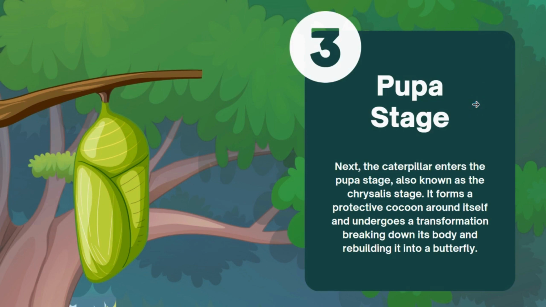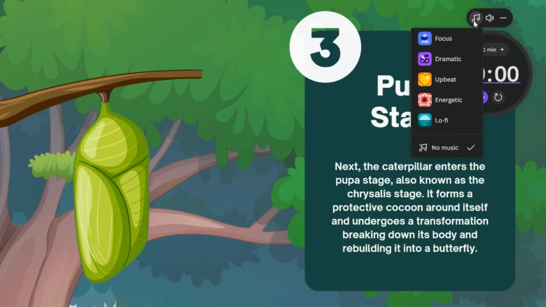So again, if I click 0, it gives us just a really quick timer, maybe just a 3-second timer. We can adjust as we need to. 9 will provide for us 9 minutes. And then also we have music that we can provide for the students to listen to while the timer is going.